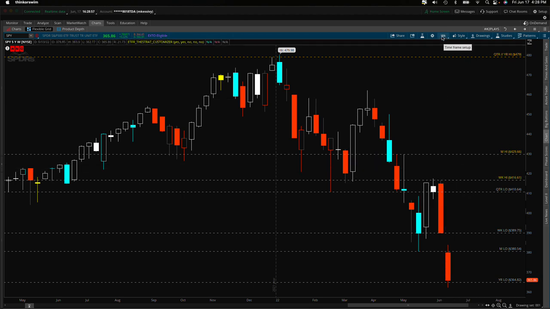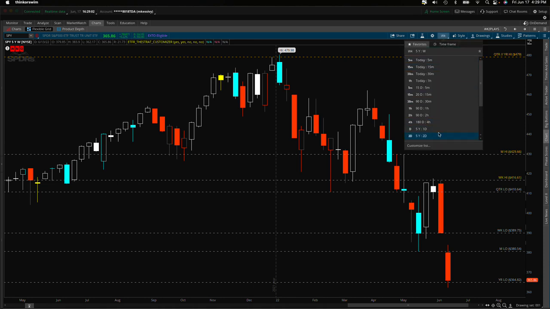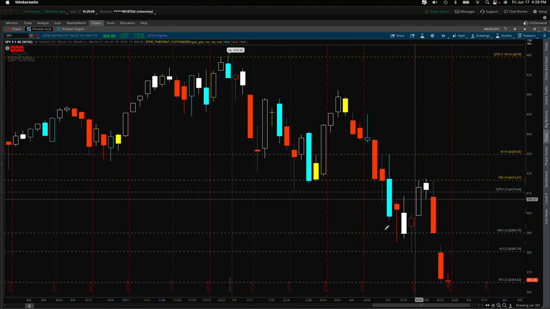Then we want to go down to the daily chart. Also, I look at the 2-day and 4-day candles sometimes because they can be very informative. So I'll just show you this. When you hover over the 4-day candle, you see this date at the bottom. It says 6/7. That's the start date of the candle.